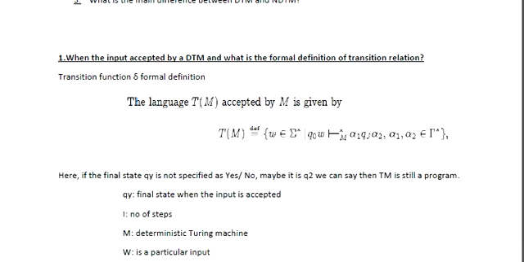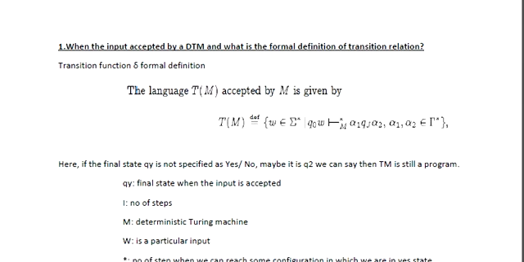Now here I use this QS yes symbol, meaning the accepted final state. It is also symbolized by QY, or sometimes other symbols like a double circle and so on.